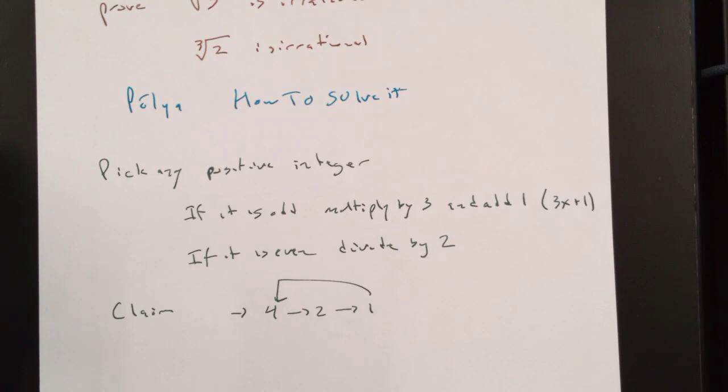No one's found one yet. Jeff Lagarius online keeps this book. So if you Google 3x plus 1 conjecture, you'll find a link to his webpage. He's got thousands of different attempts to prove it, and lists and lists and lists of examples. It's still not a proof. Nobody knows.